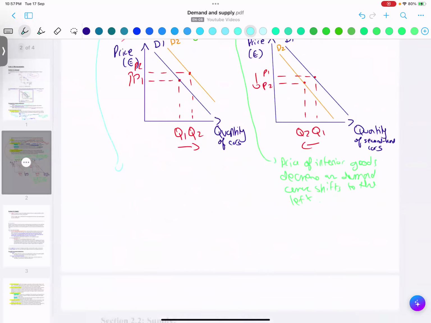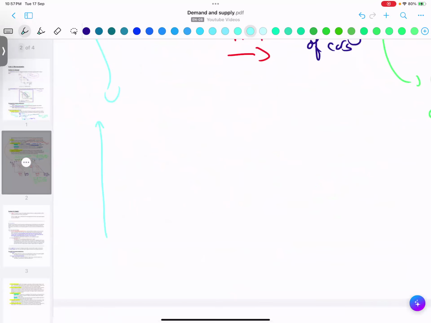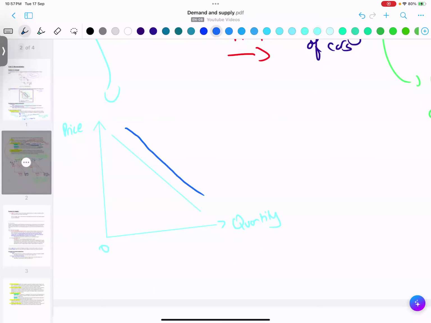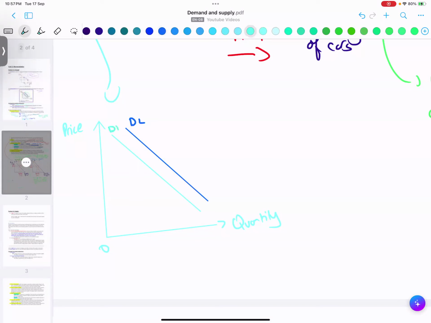If they think the price will increase, here you have price, here you have quantity, and you have your demand curve. They end up buying even more of it, so this will be D2 and this will be D1.